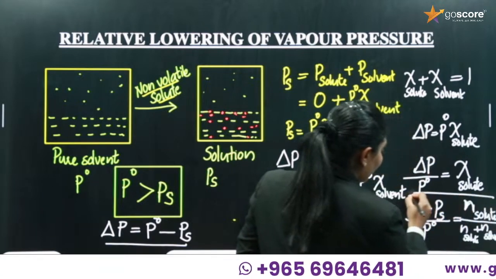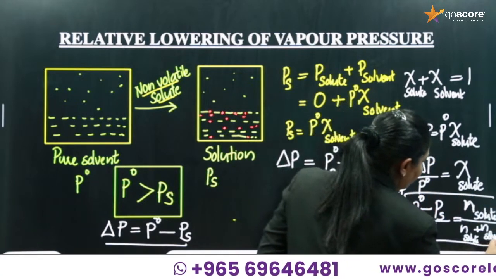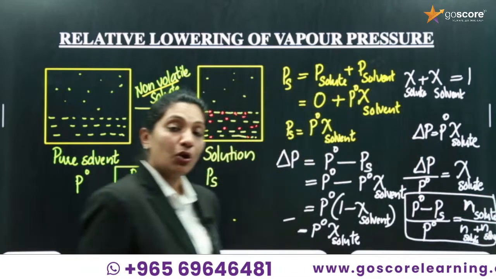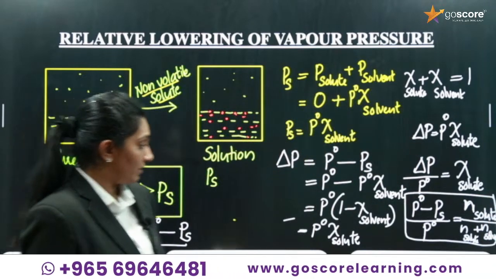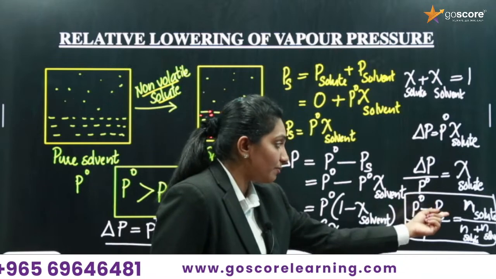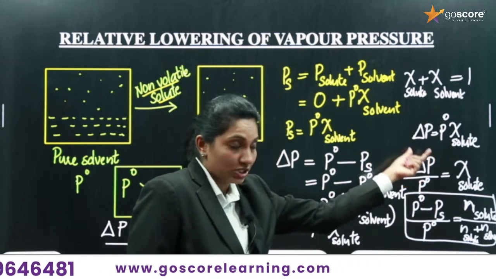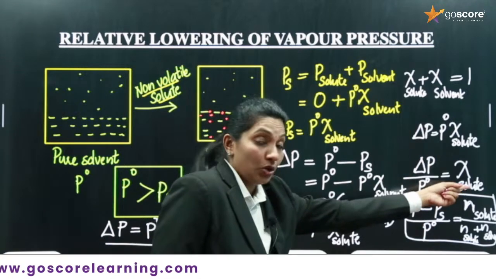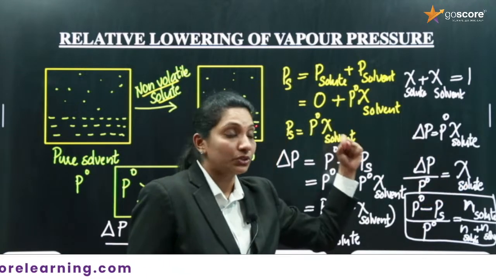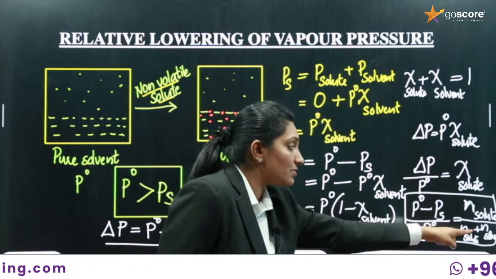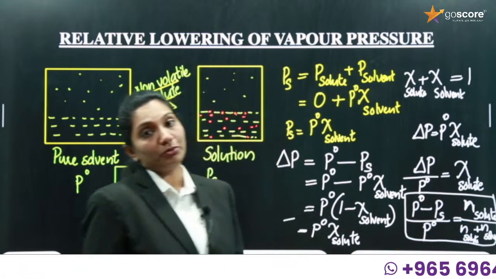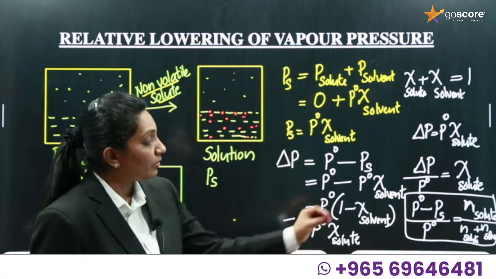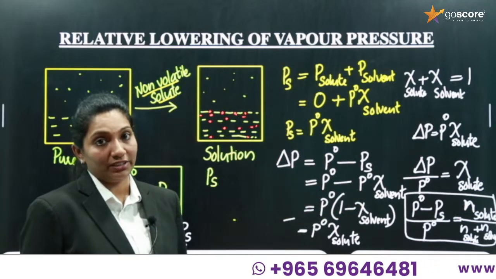This is the relation for relative lowering of vapor pressure: delta P divided by P naught equals the moles of solute divided by the moles of solute plus the moles of solvent.